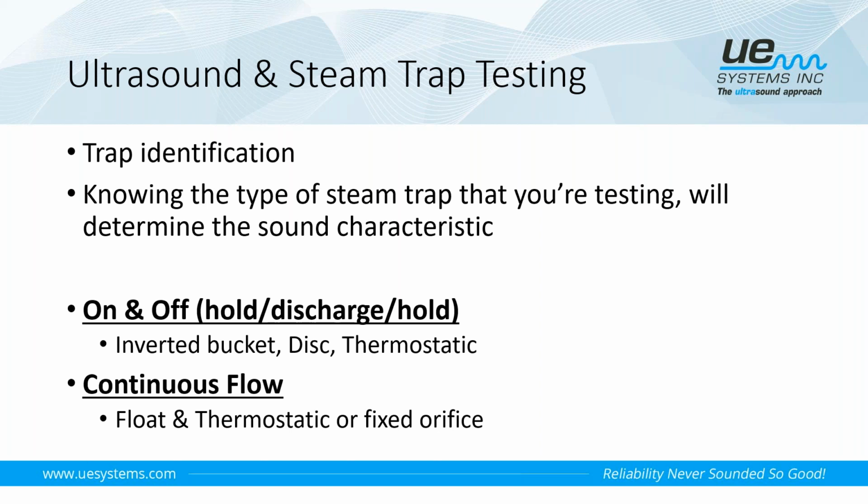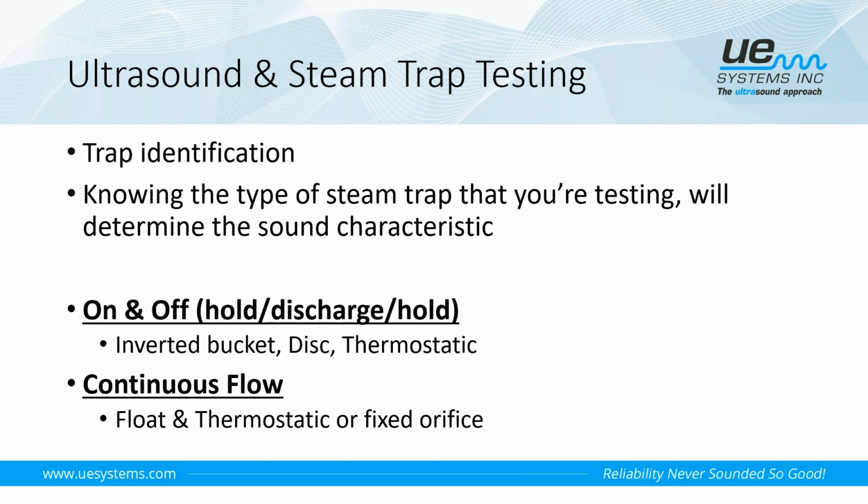Now, I've already talked a little bit or hinted around trap identification. One of the biggest factors to testing steam traps with ultrasound, and really any technology, is going to be trap identification. So walking up to the steam trap and identifying what type of trap it is. Because based off of the type of trap, it will have two sound characteristics.